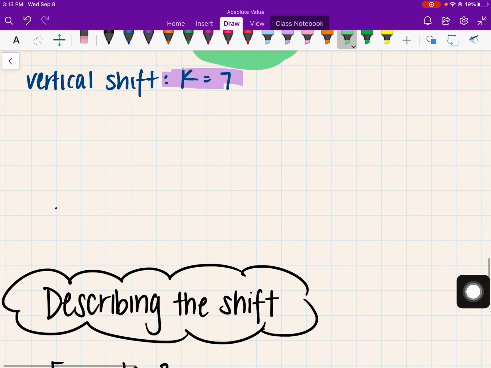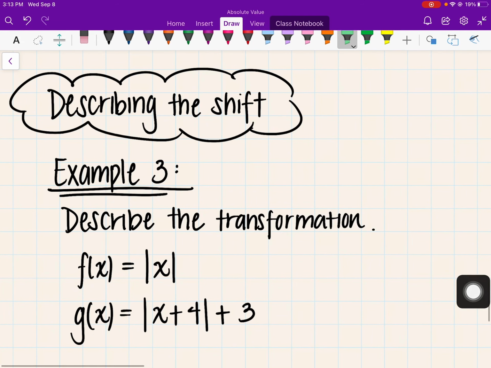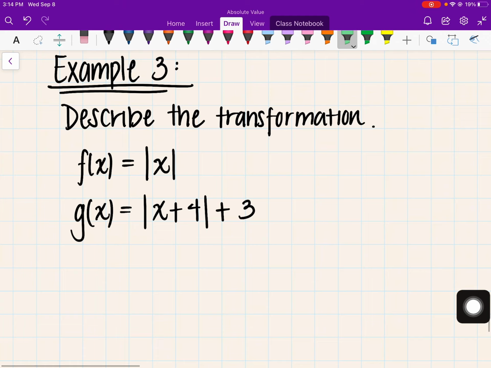So let's take a look at this next example, and it's actually what we were just talking about, which is finding the h and k values from an equation. In this case, we want to describe the transformation, and we have the function f of x equals absolute value of x, and g of x equals the absolute value of x plus 4 plus a 3. So there's actually two ways we could do this.